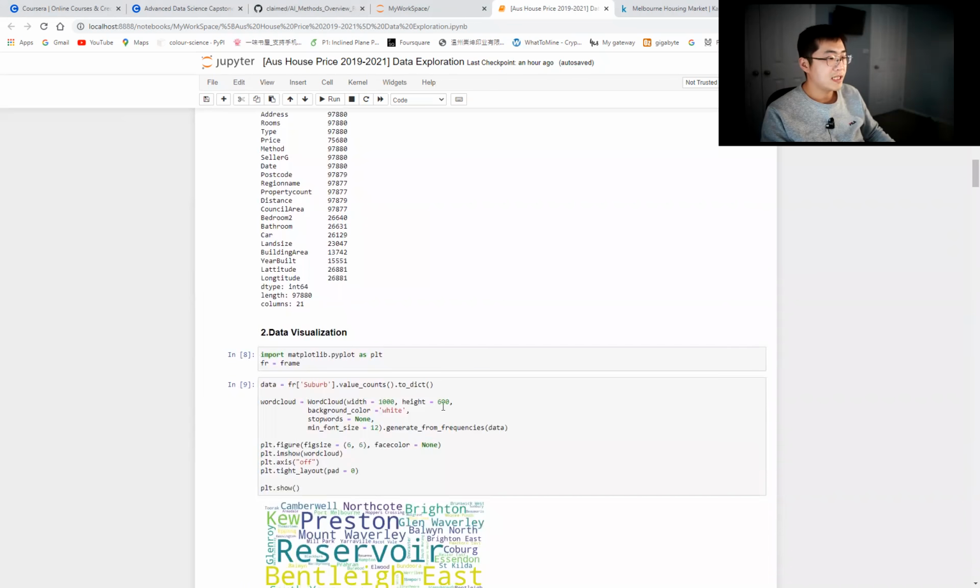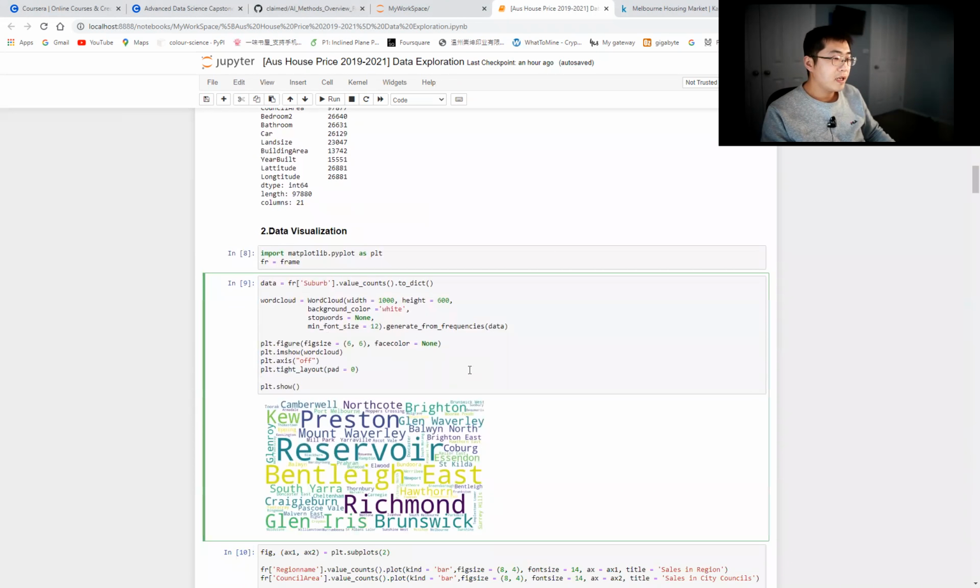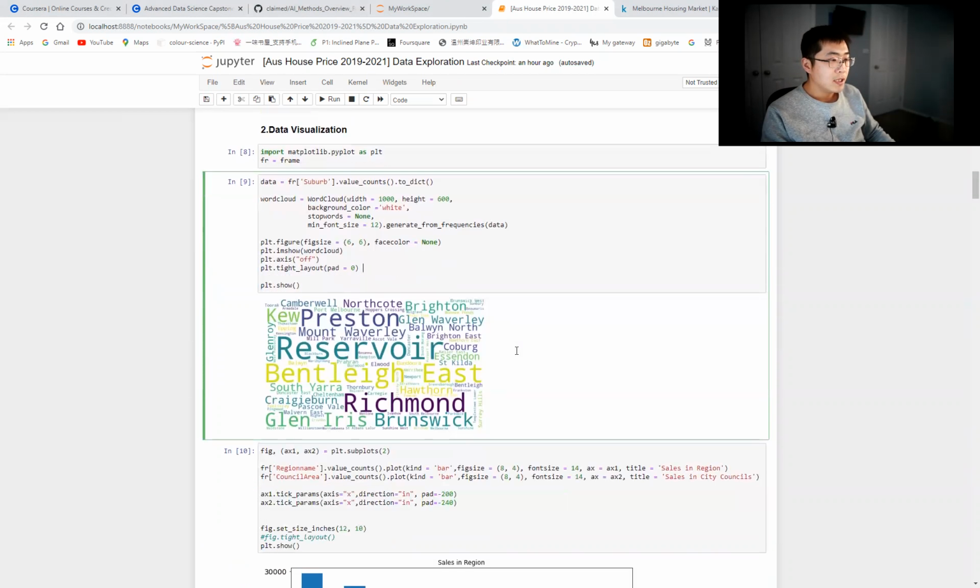Here we have the suburb in a word cloud. Basically, the larger words mean more sales in that particular suburb. There are some popular words like Bentleigh East, Richmond, Glen Iris, and some others like Glen Waverley in smaller text.